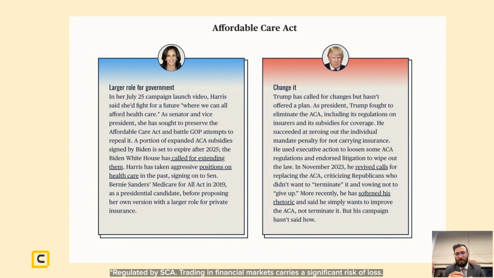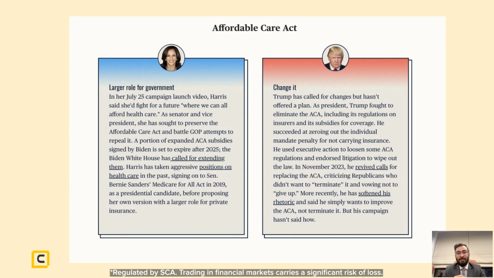I mean, he has talked about how the Affordable Care Act can be improved, but not terminated. And at this point of time, he has not talked about any laws or rules on how he's going to improve it. But knowing Donald Trump, I think he's more inclined towards changing it or removing it completely.